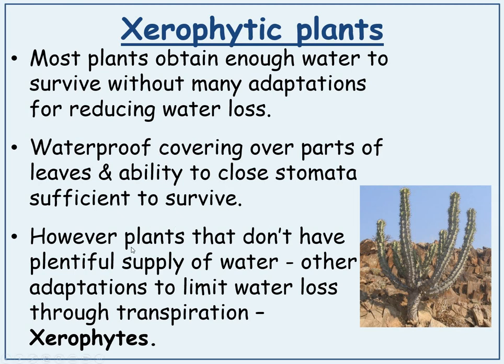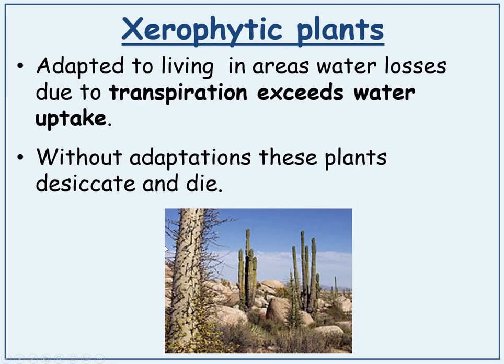However, plants that don't have a plentiful supply of water have to have other adaptations to limit water loss through transpiration, and these are known as xerophytes. So a cactus is an example of a xerophyte. And xerophytic plants are adapted to living in areas where water losses due to transpiration exceed the water uptake. Without these adaptations, these plants desiccate and die.